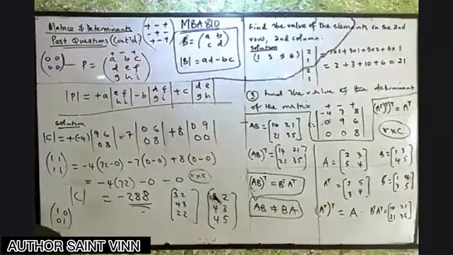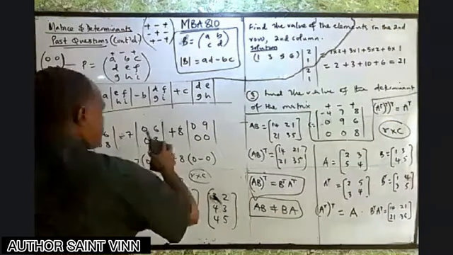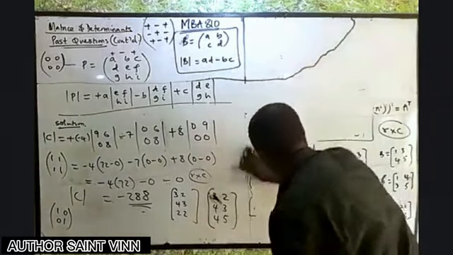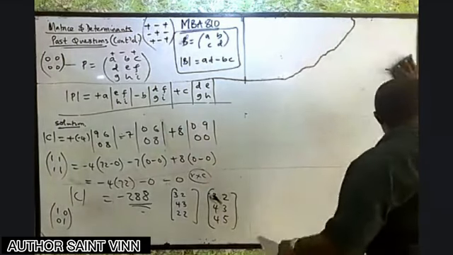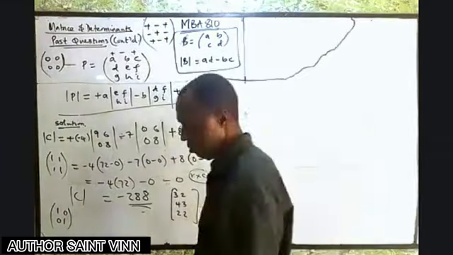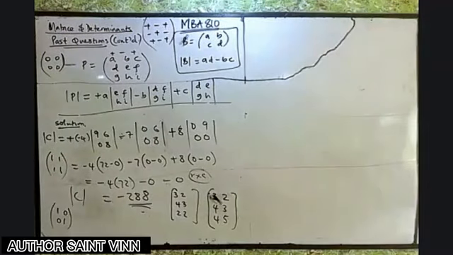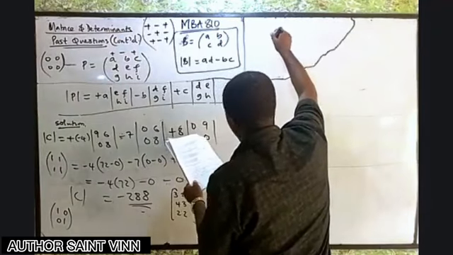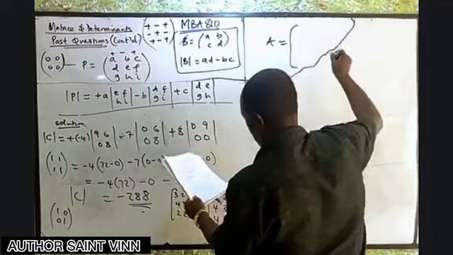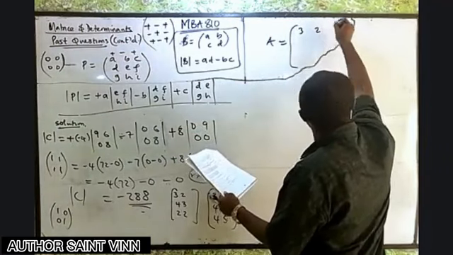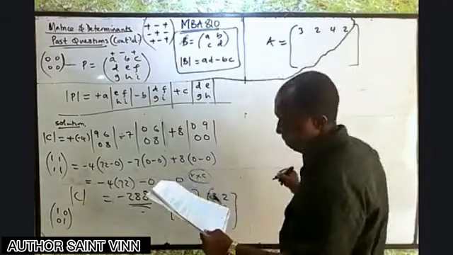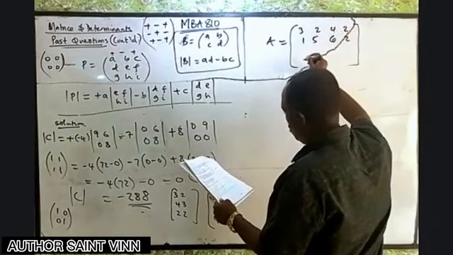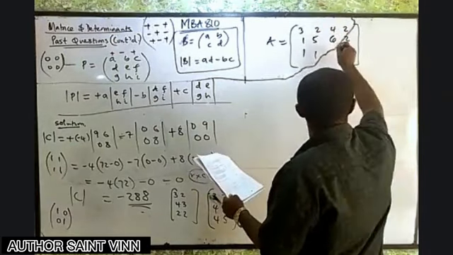Let's look at it practically on the board. Which of the following is not a submatrix of A, where A is the matrix with rows 3, 2, 4, 2; 1, 5, 6, 2; 1, 1, 4, 2.